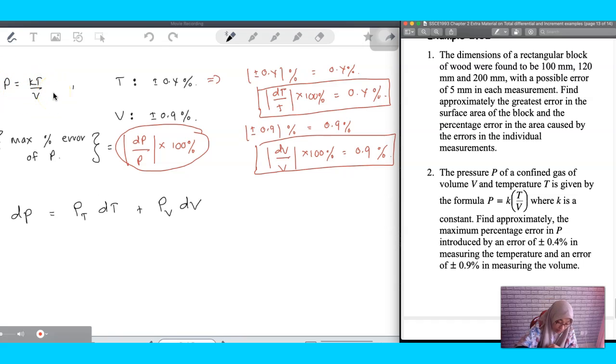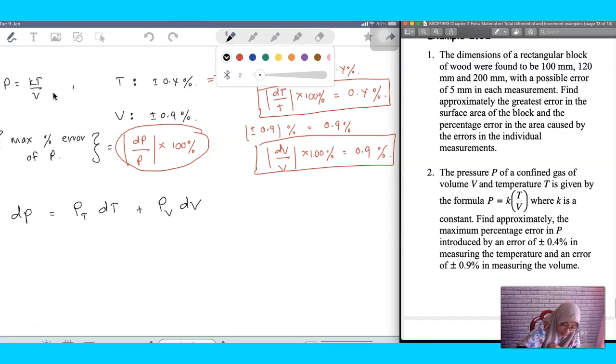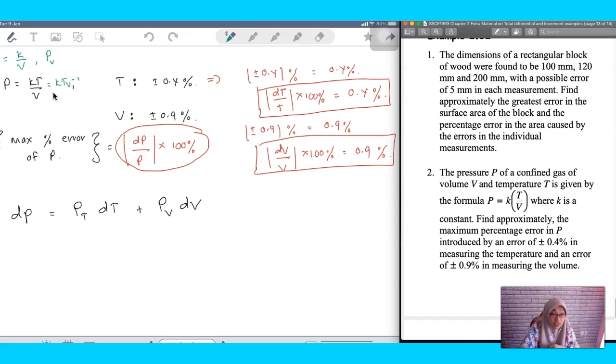Now we obtain the partial derivatives. So P_T: you differentiate P with respect to T, so you have K over V. And then P_V: you can rewrite this as well. When you differentiate P with respect to V, you will get minus KT over V squared.